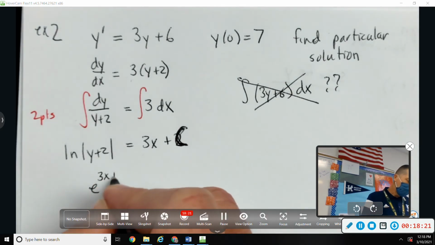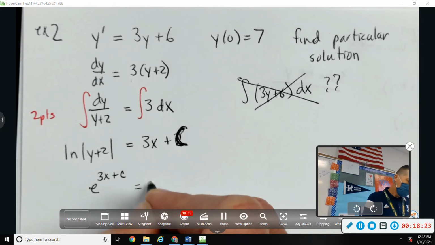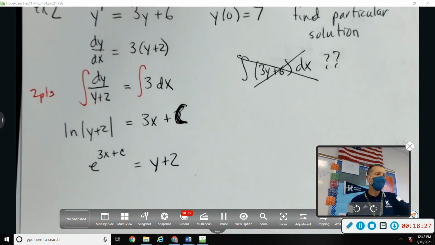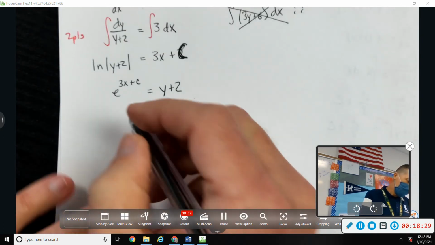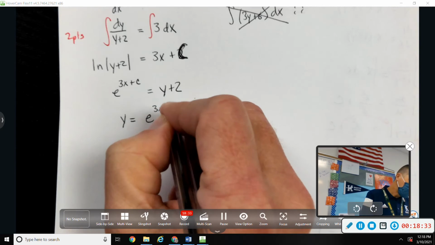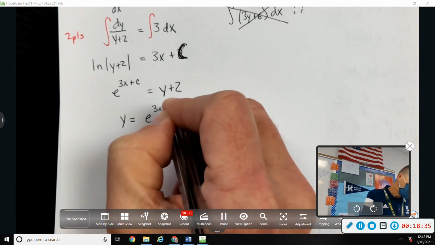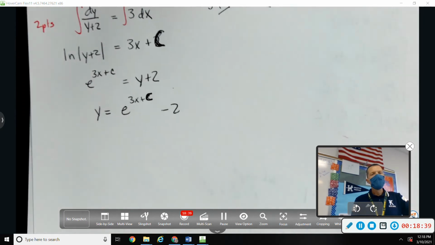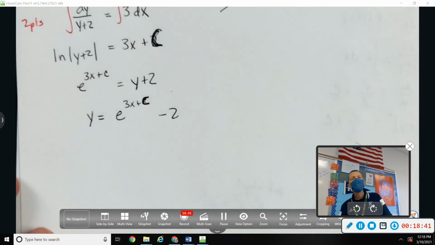So e to the 3x plus c equals y plus 2. So y equals e to the 3x plus c minus 2. Oops, that's a c. Now we're going to do this little algebra trick with exponents.